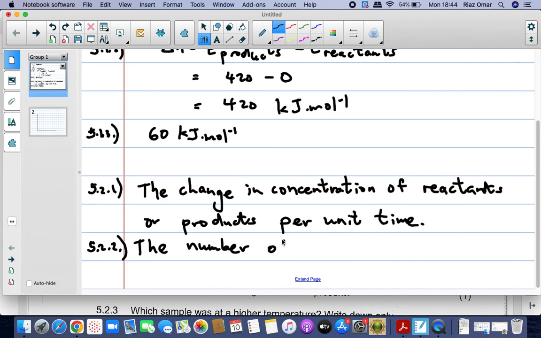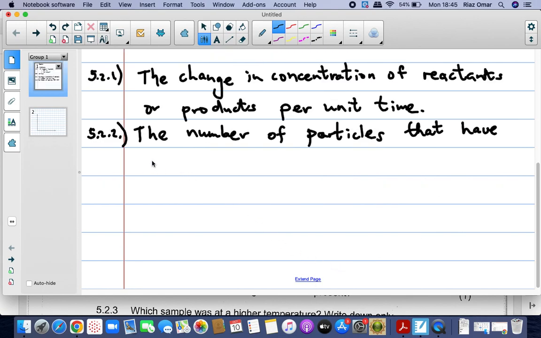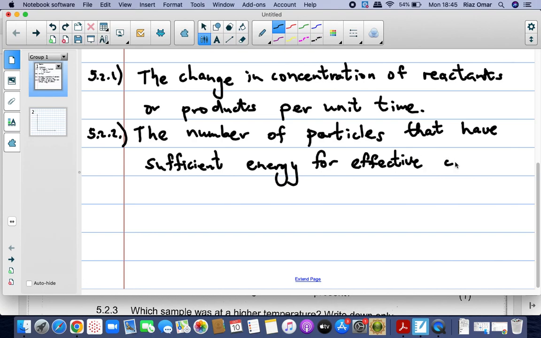The number of particles that have sufficient energy for effective collisions. We can write something like that.